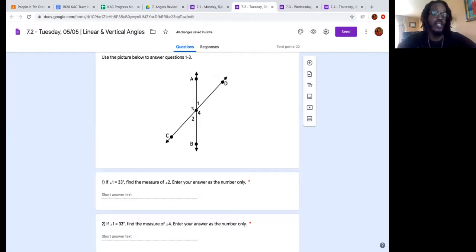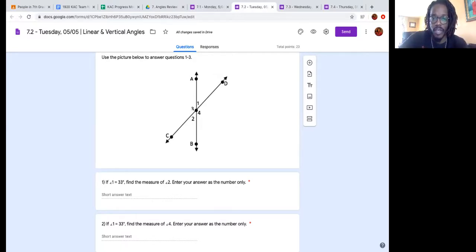If angle 1 is 33 degrees, we need to find the measure of angle 4. Now, this is something that you really have to pay attention to. We can use angle 1 to find the value of angle 4. Two things that I want to notice are that angle 1 and angle 4 both lie on this straight line, the line that starts with A and ends with B, and they share a common side.